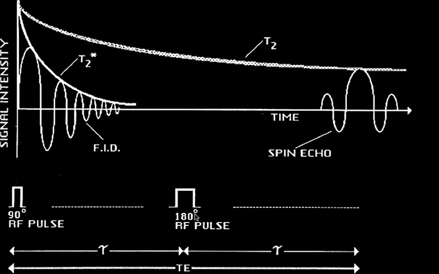Okay. Question. I think Yuri had a question. So T2 star has two components to it. One component is the time varying magnetic field variation, and the second component is the time independent variation.